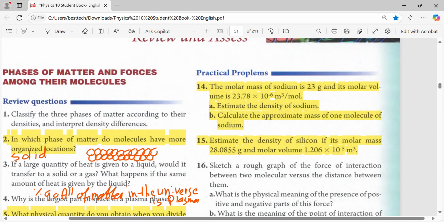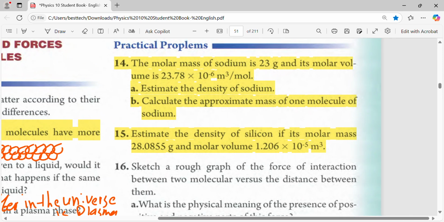Question 14. The molar mass of sodium is 23 gram. Molar mass is written M capital, and its molar volume is written Vm. Estimate the density of the sodium atom.